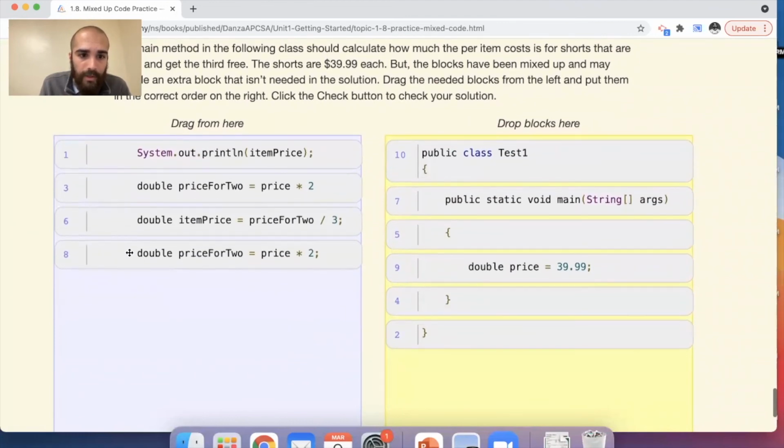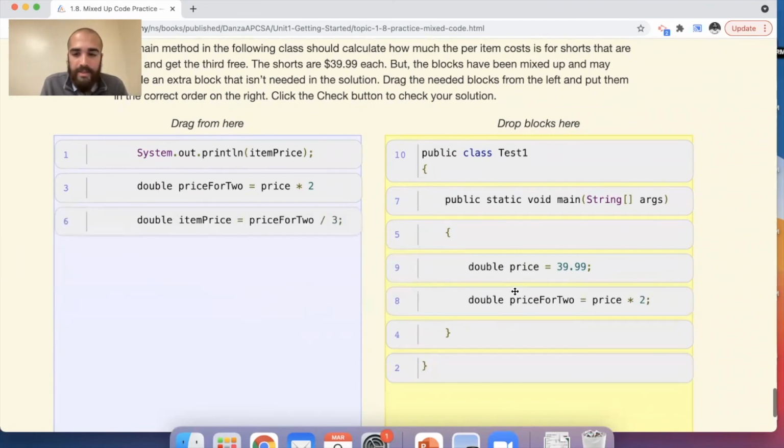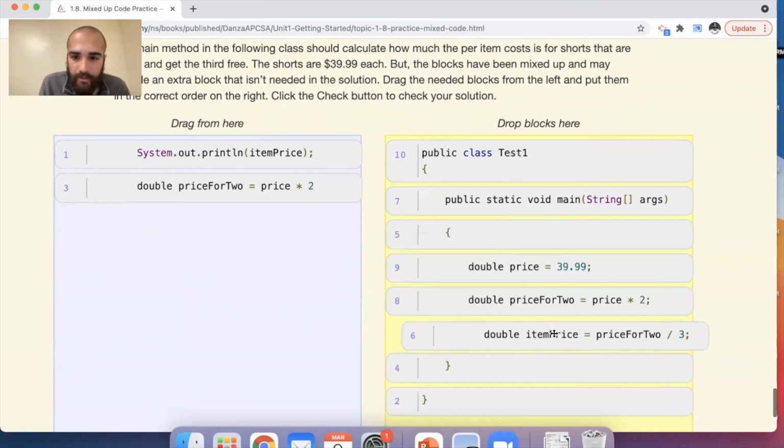Okay, so 3 and 8. I'm going to choose 8 because 8 has a semicolon at the end and 3 does not. That's the reason why. Then I'm going to take my price for 2, divide it by 3, and I get item price.